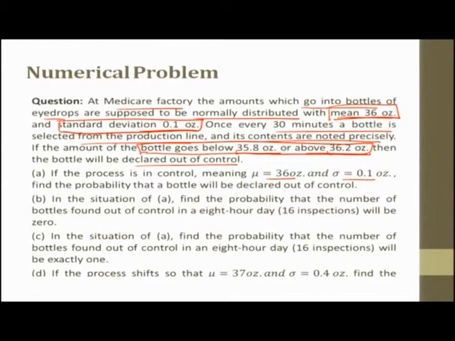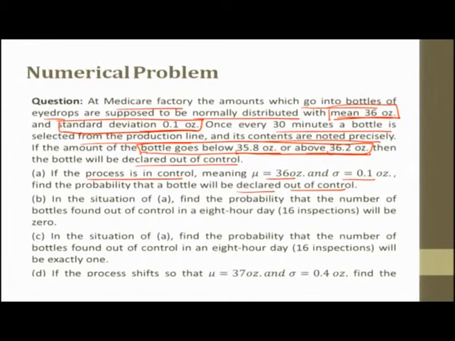The important aspect is that the process of filling the bottles is in control. Now, we need to see whether the bottles that we have produced are in control or out of control. Let me first read out the other questions.